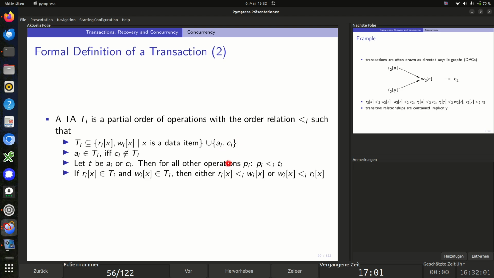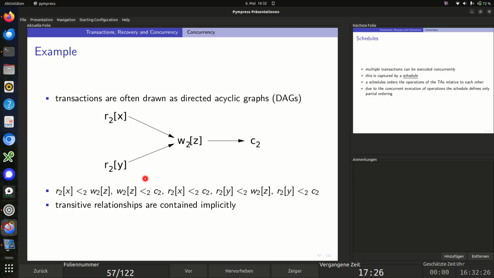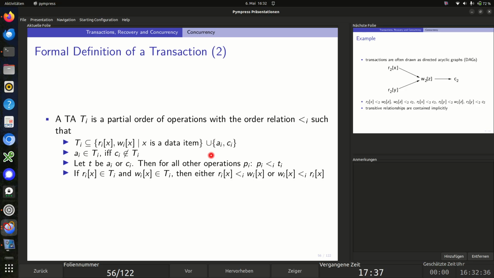And what else is defined here? Of course, abort and commit must be at the end. And for all read and write operations, we need an order. This is everything I have shown you before: read and write, and at the end either abort or commit. We can just draw it as a graph. Which kind of conflicts do we have?